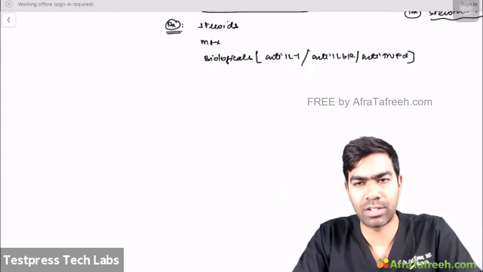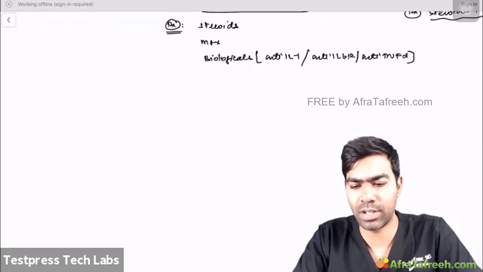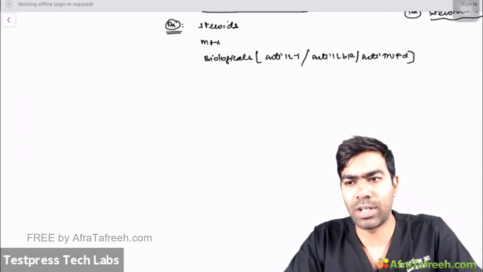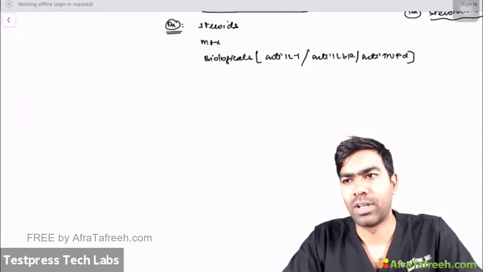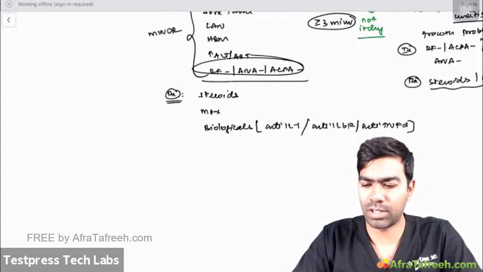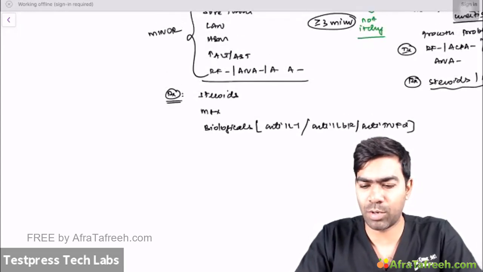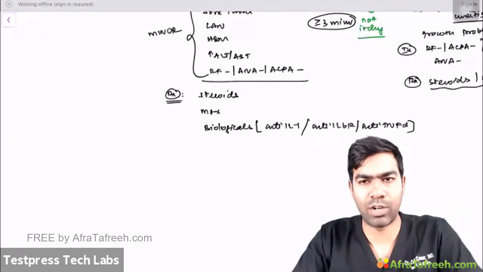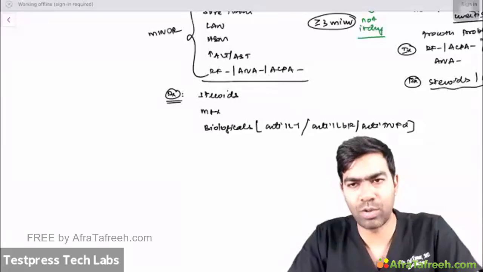Which means you're going to treat similar to rheumatoid arthritis only. Even though the patient is not having rheumatoid factor positivity, we'll be treating with drugs that are effective for rheumatoid arthritis as well. But remember, rituximab will not be helpful here because I don't really see any serology that is positive. When the antibody titers are not there and antibodies are not positive, I don't really feel the need for rituximab, because what are you going to do by giving rituximab here?